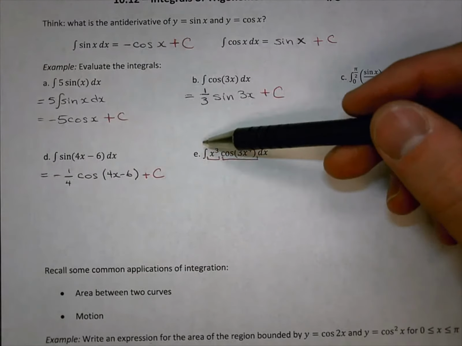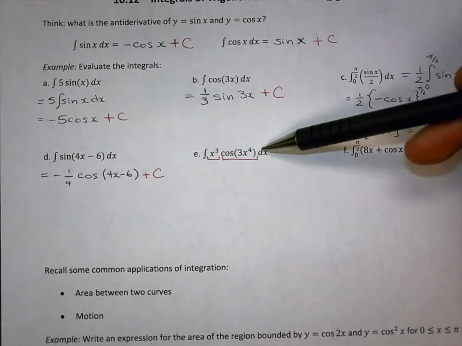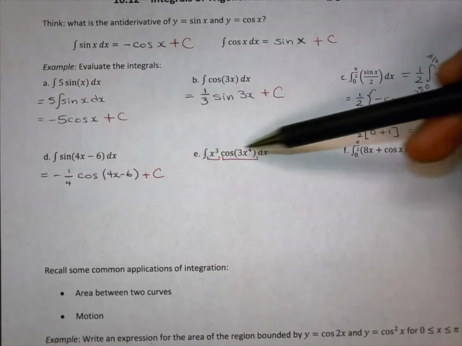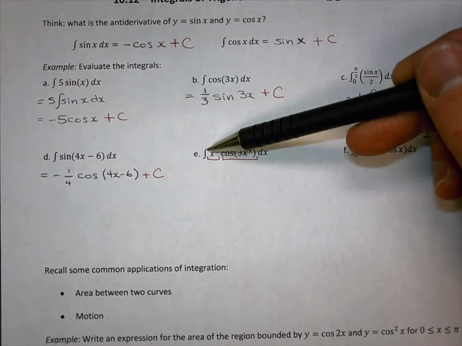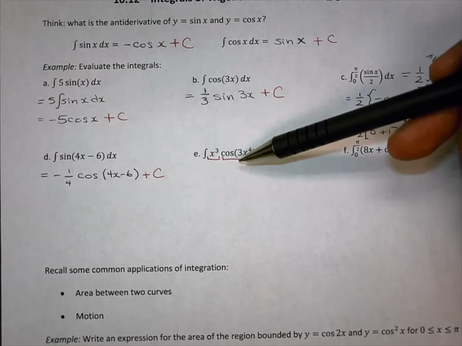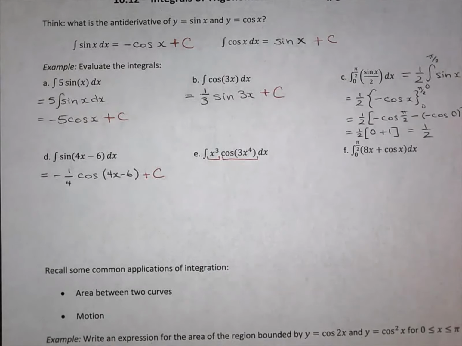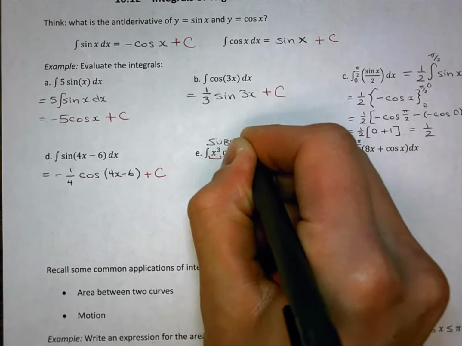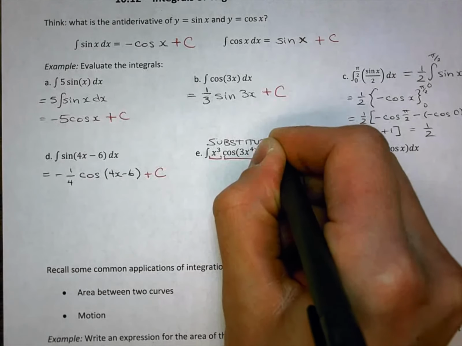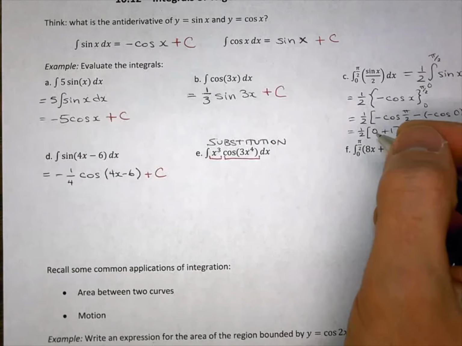So sometimes you can solve these questions by inspection, by just looking at them, because it always will work out. The derivative of the interior function will just happen to be this. Otherwise, you wouldn't be able to do the question. But a surefire way of making sure you do this properly, in case you have trouble doing it by inspection, is to use the substitution technique.